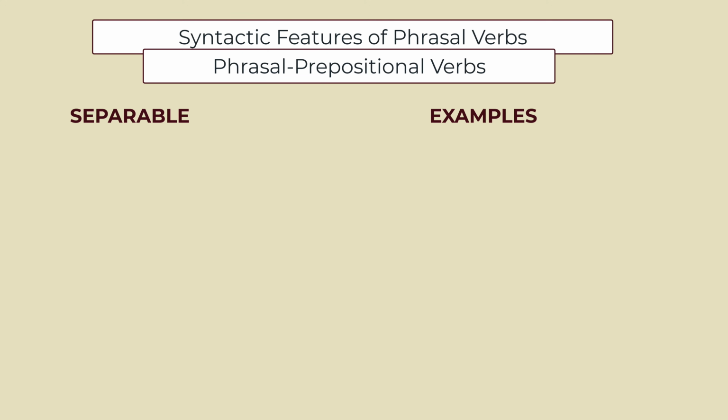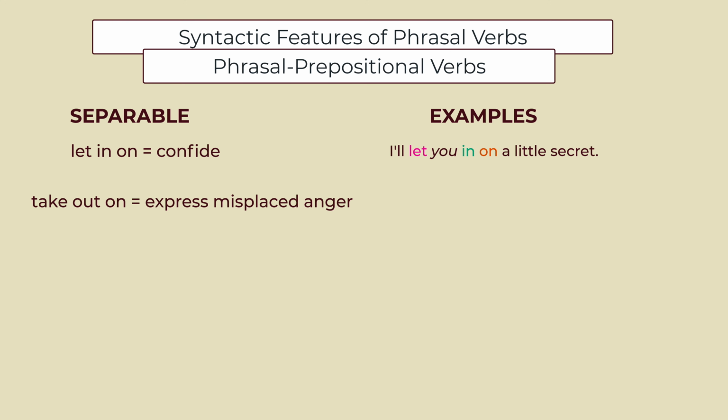But let's look at some examples of separable phrasal prepositional verbs. Let in on means to confide, but you usually say, I'll let you in on a little secret or on something. Take out on, express misplaced anger. If you say, don't take it out on me. Don't take your anger out on something else.